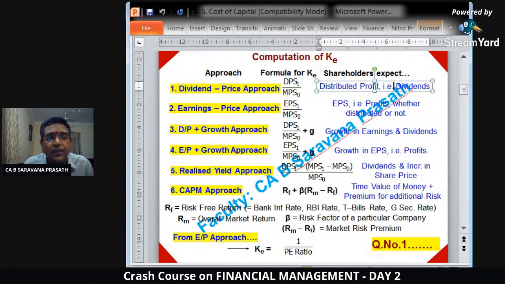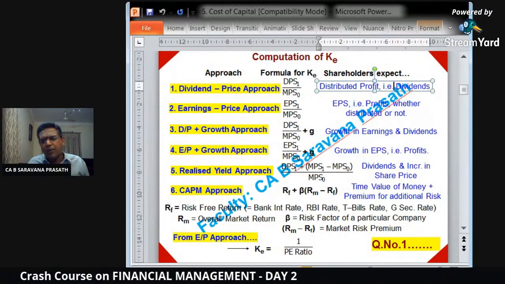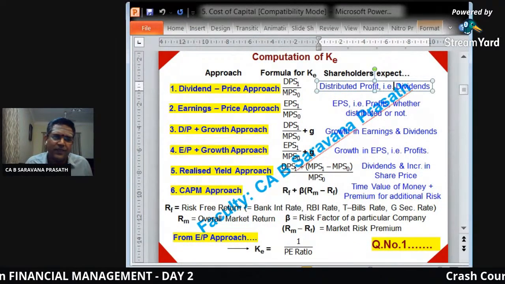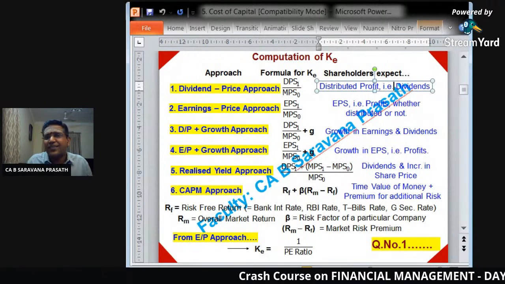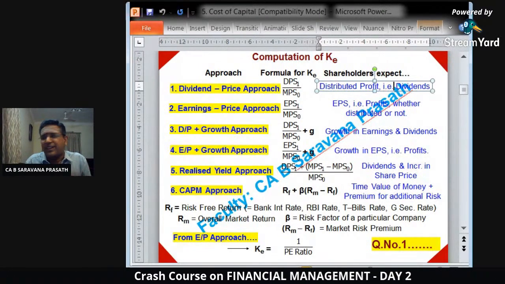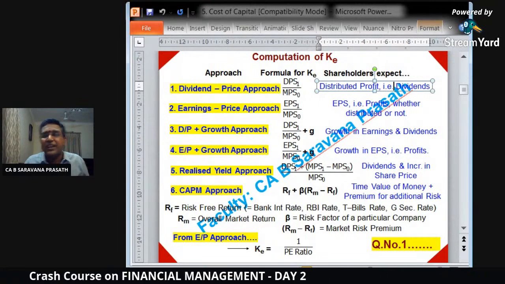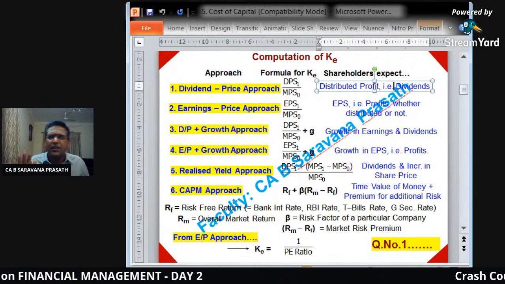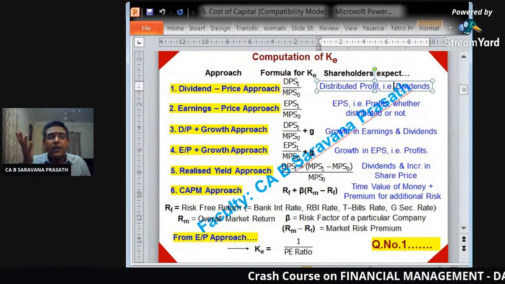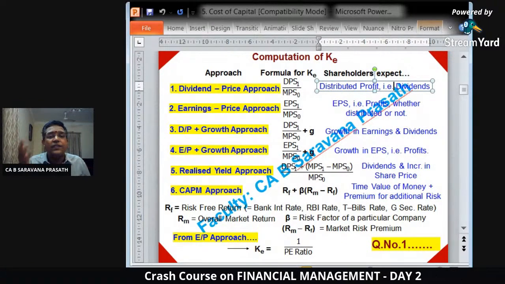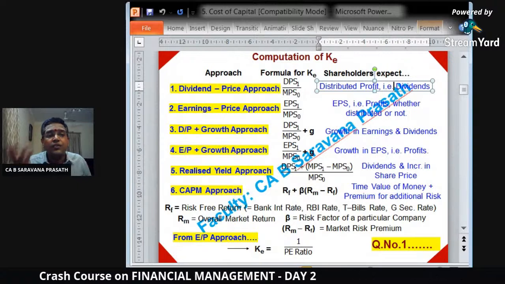That is the first approach. The second one represents a more mature approach of the shareholder. In the sense, I don't bother whether the company is distributing the profit or not, whether it is declaring dividend or not. Is it earning profit? Yes. It may distribute, it may not distribute, that does not affect me. I will be happy if in certain situations the company is not distributing.